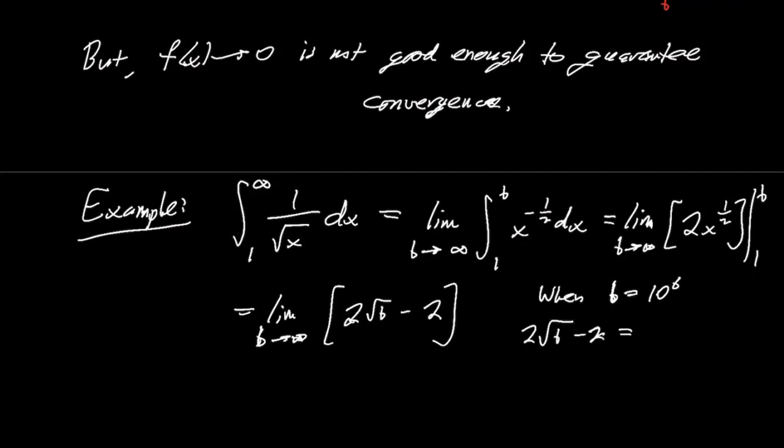So that's 2,000 minus 2, 1998. If b is 10 to the 20th, then this thing is 2 times 10 to the 10th minus 2. Still big. This goes to infinity.